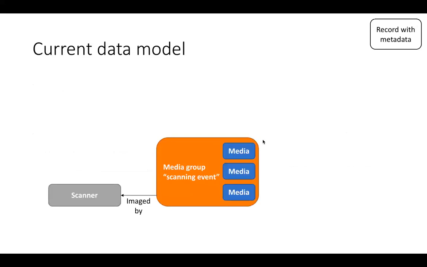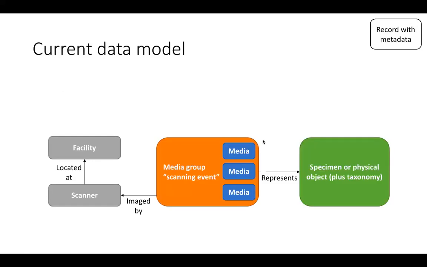So in this case, the media group would be imaged by a CT scanner, and then those scanners are located at facilities so that we can structure things by facilities as well. Additionally, media groups represent physical objects, most commonly biological specimens, which have associated categorizing metadata like a taxonomic name. And specimens tend to belong to institutions.